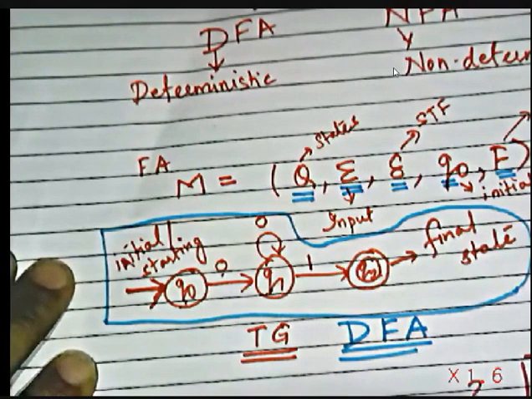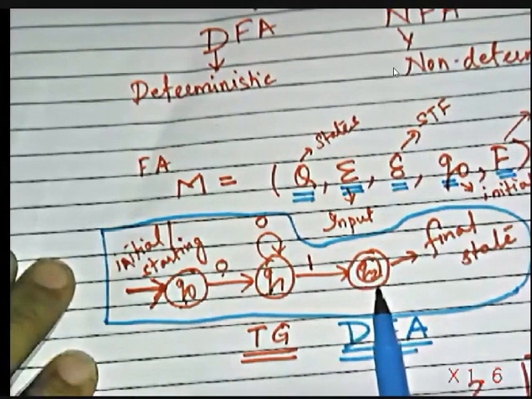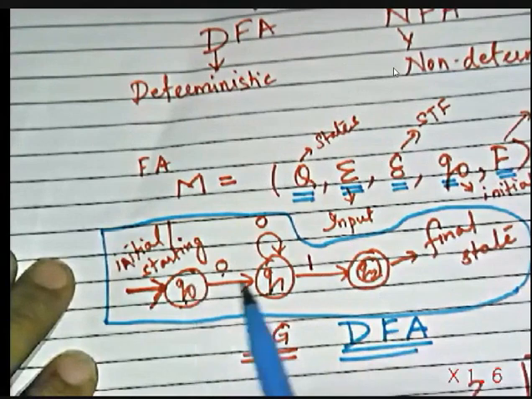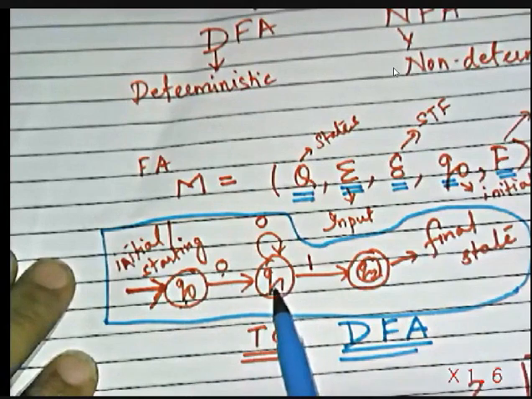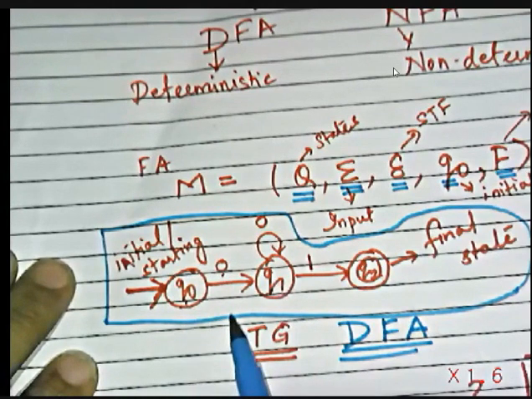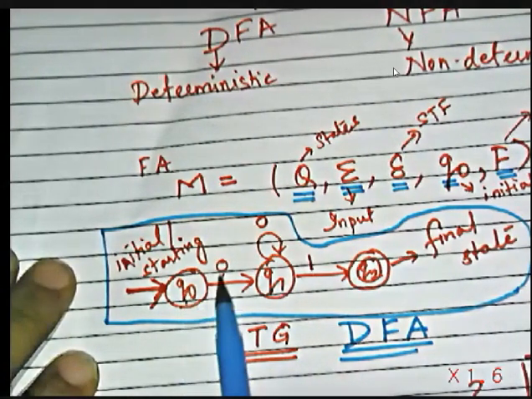But suppose there is one more arrow like this, Q0 to Q2. In that case, there is a problem: whether it should move from Q0 on 0 to Q1 or Q0 on 0 to Q2. There is a possibility of two paths for 0.